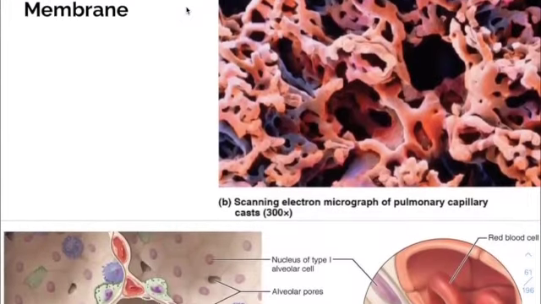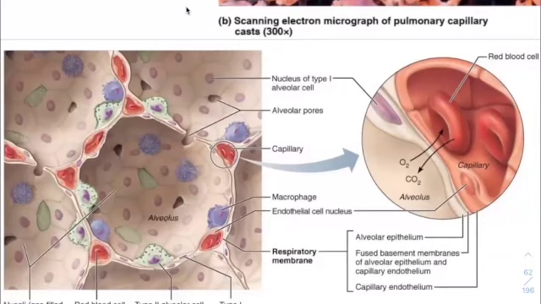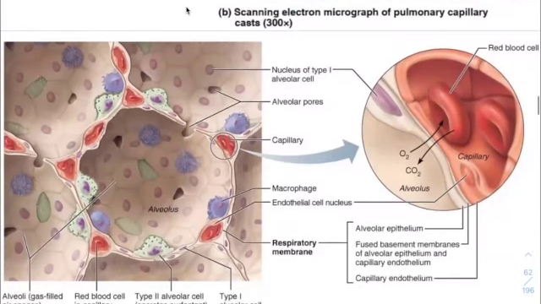So here is another view. Usually capillaries are wide enough to let one blood cell through at a time. So you see all these simple squamous epithelial cells, or the flat cells. They allow for easy diffusion of oxygen and carbon dioxide between the two. You also see these type 2 alveolar cells that secrete surfactant.